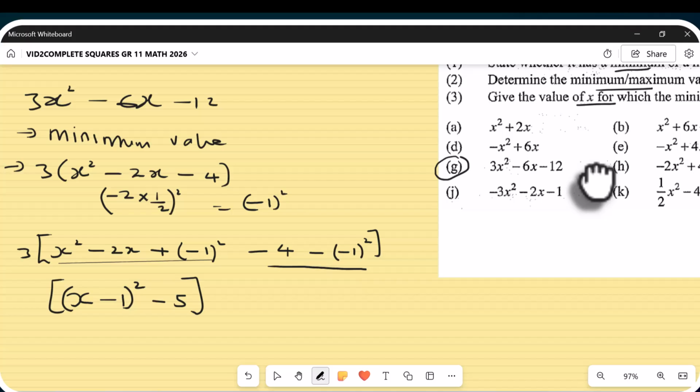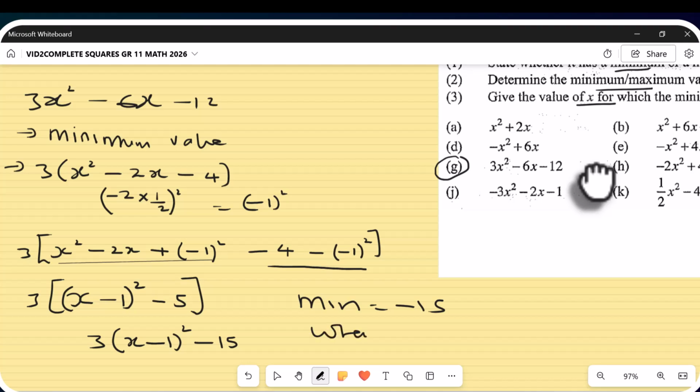So we have 3 times x minus 1 bracket squared, and then here minus 15. So our minimum value is minus 15, and it occurs when x equals 1, because we must have 0 in the brackets here. So when x equals 1, that's our answer there.